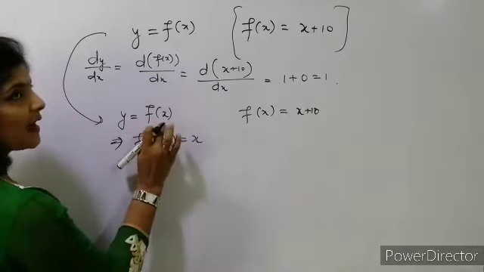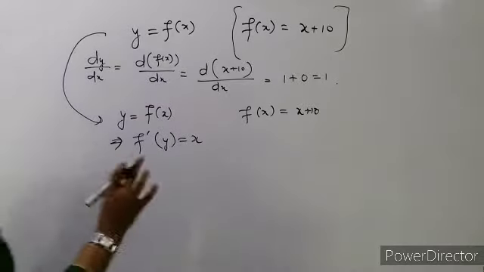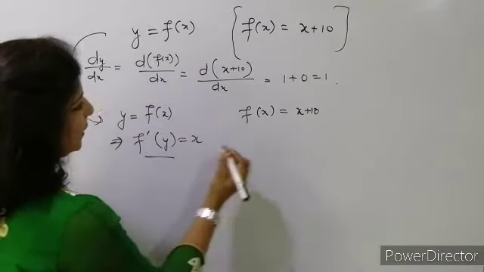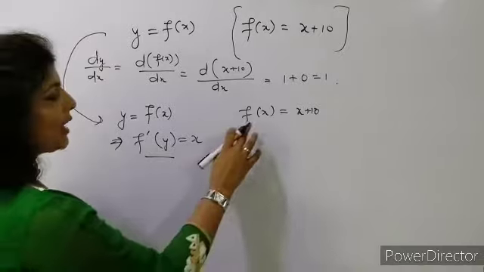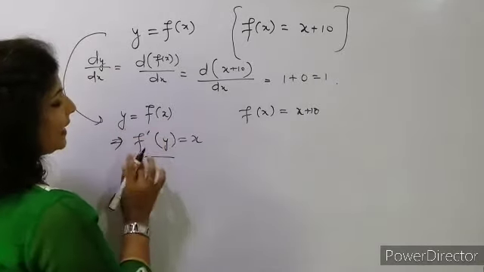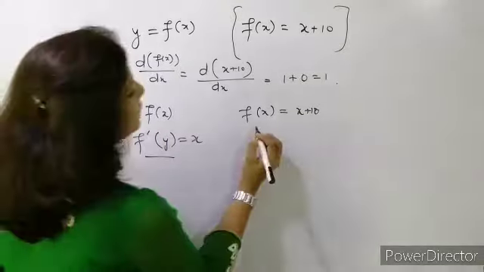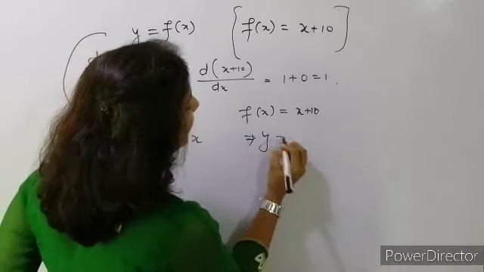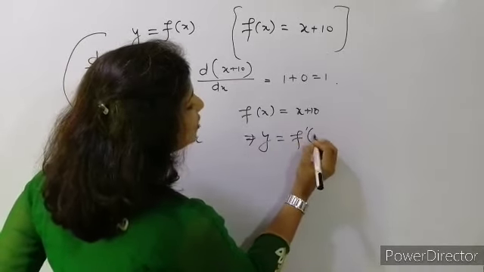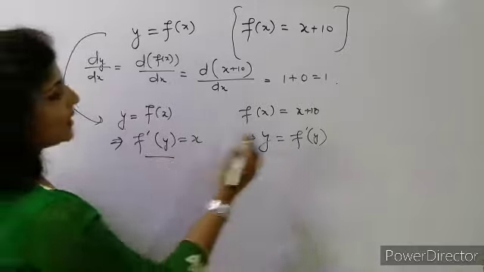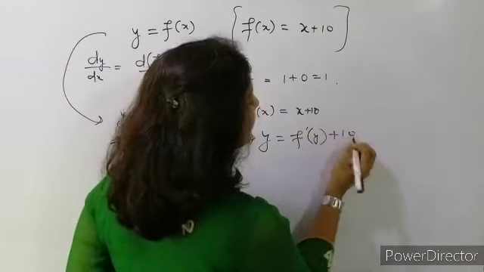Now in place of x we'll put this, and y is equal to f(x), so f inverse y is equal to x. So this will be y and this is f inverse y. Then f(x) is equal to x plus 10.